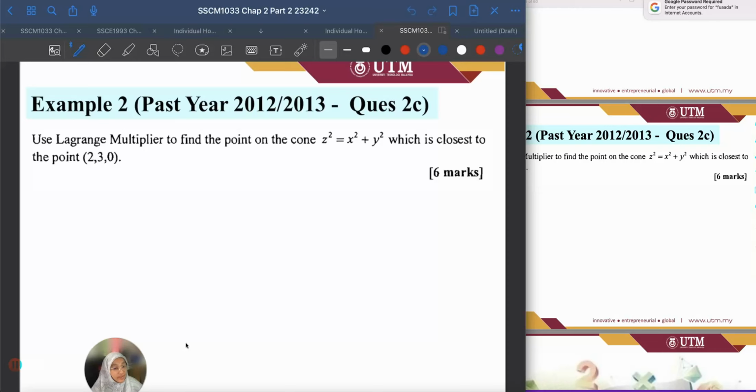So the point is not on the cone, I suppose, because when you substitute the x and y to 2 and 3 here, you will not get z equal to 0, right? So this point is outside the cone.